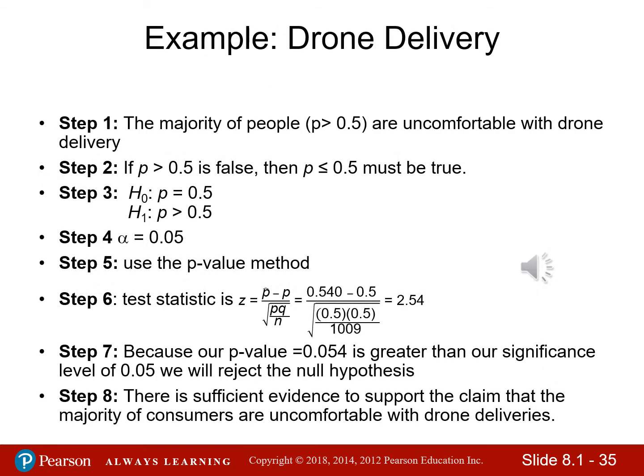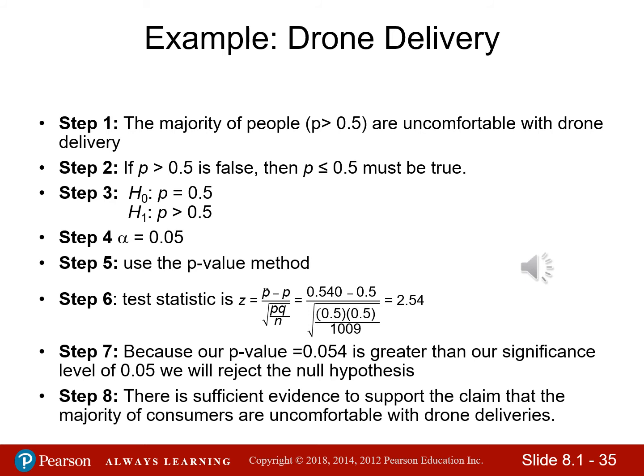Now let's put all of the steps for our drone example together. Step 1, we state the claim that the majority of people are uncomfortable with drone delivery. If the original claim of p greater than 0.5 is false, then p less than or equal to 0.5 must be true.